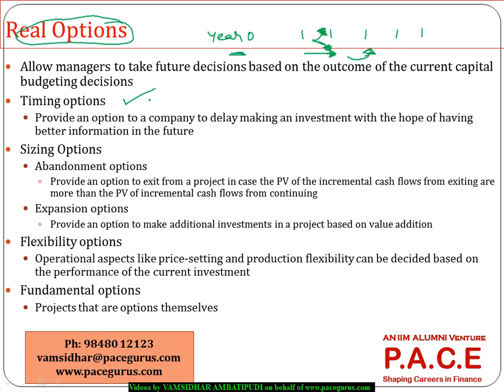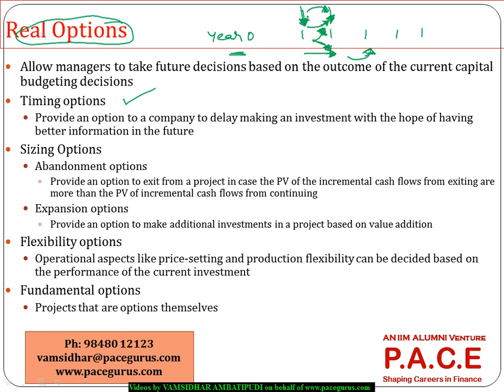So when I talk about real options, we even look at it from the perspective of timing. Instead of investing everything today, the company can look at this as a pilot, and in case it is seeing that the small pilot version is profitable, then it can think of additional investment at this stage, rather than investing everything here and probably losing out.